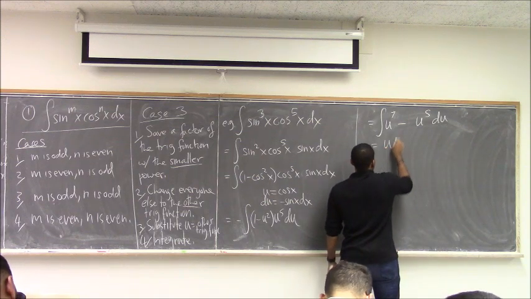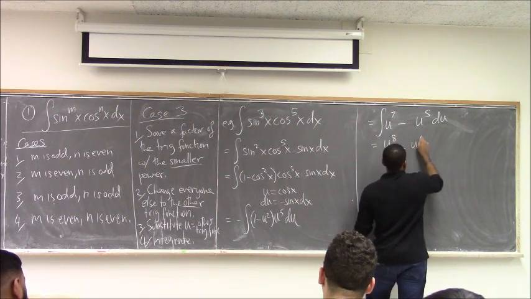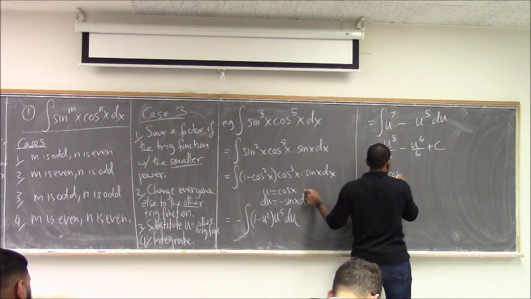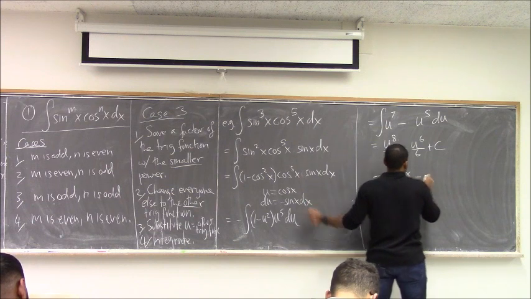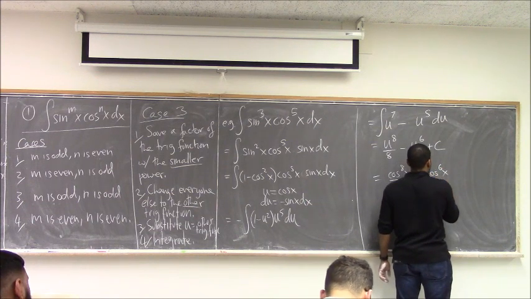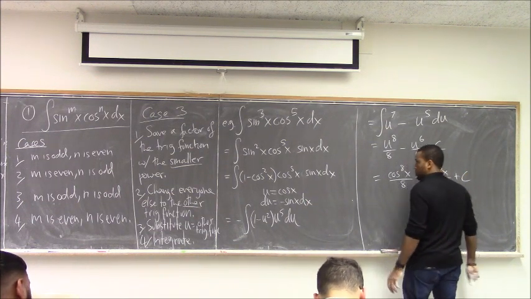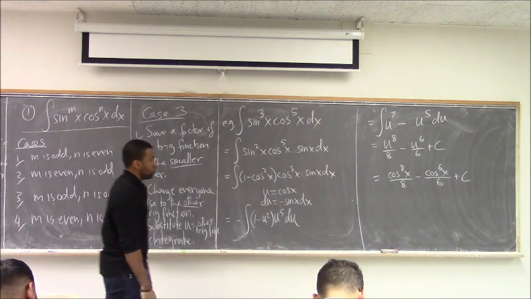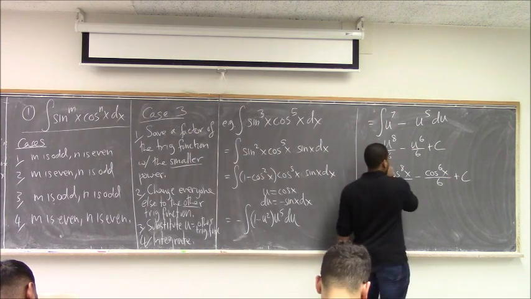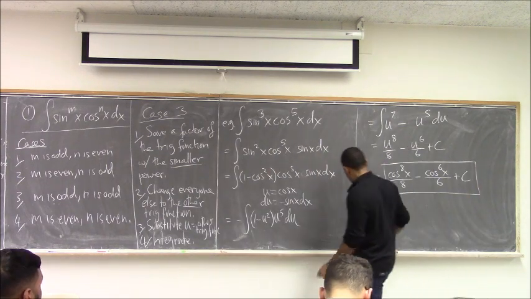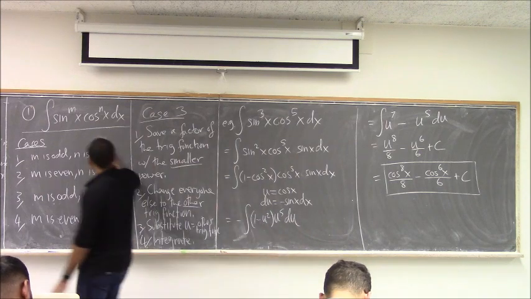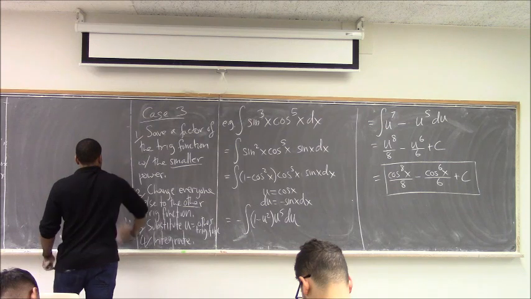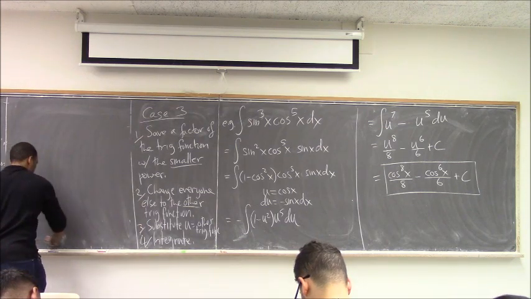And this one, that's u to the 8th over 8 minus u to the 6th over 6 plus c, where my u is cosine.